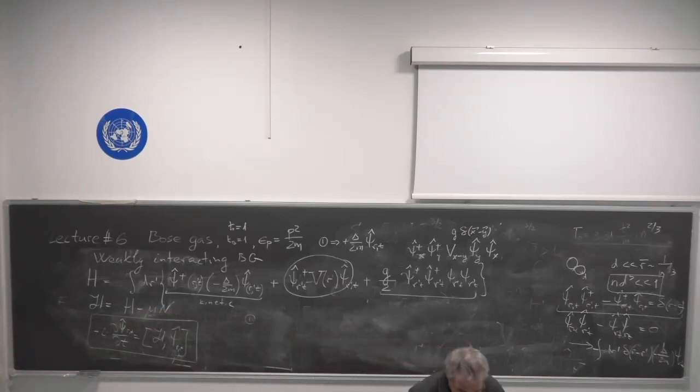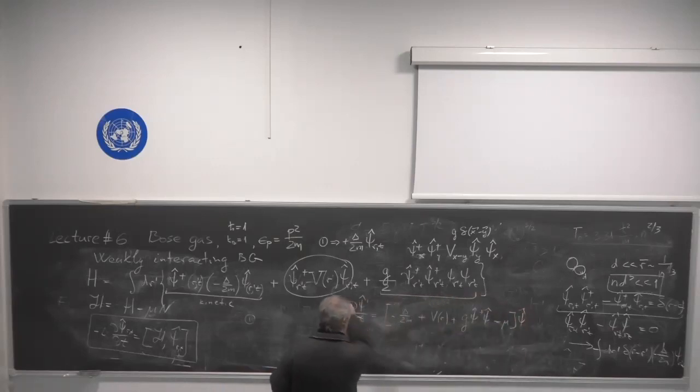When I complete all calculations, what will I get? I will get the equation, which is i d psi over dt. So I multiply the right hand side and left hand side by the sign minus, is equal to minus nabla squared over 2m plus V of r plus g psi dagger psi, minus mu, times psi.